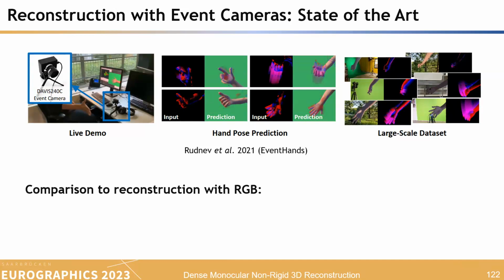What they noticed is that this method, which is trained on a synthetic data set, generalizes well to the real data setting, because events are more abstract signals when compared to RGB.